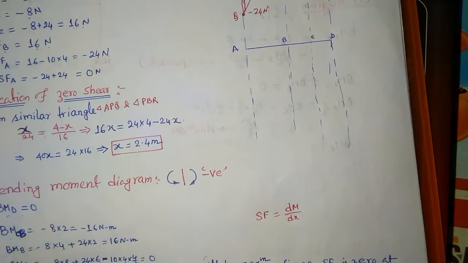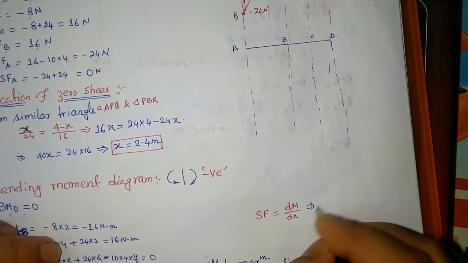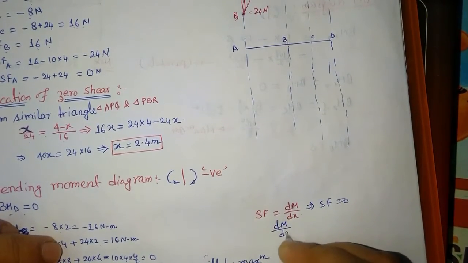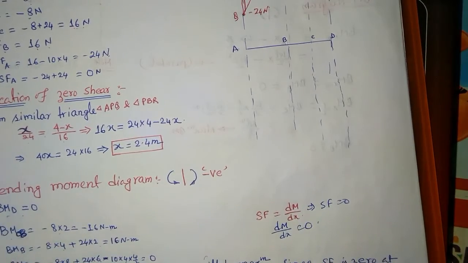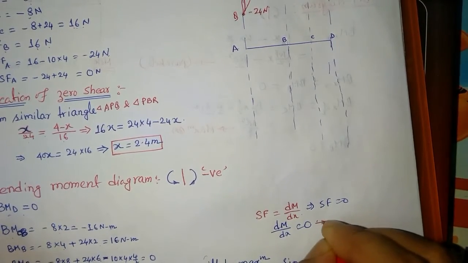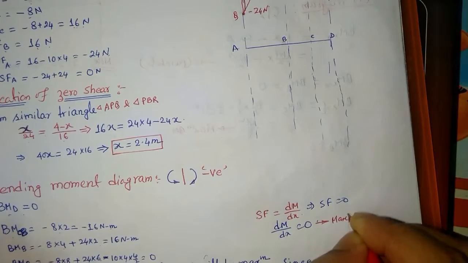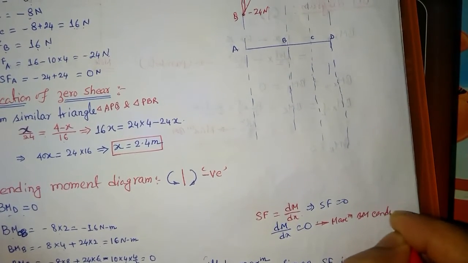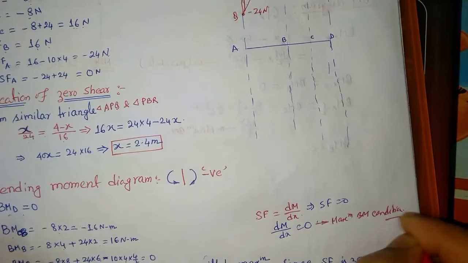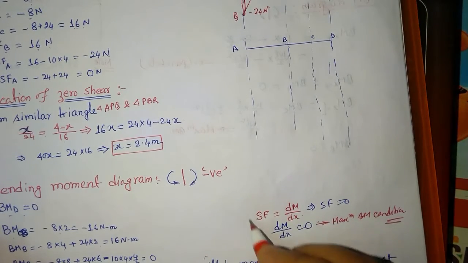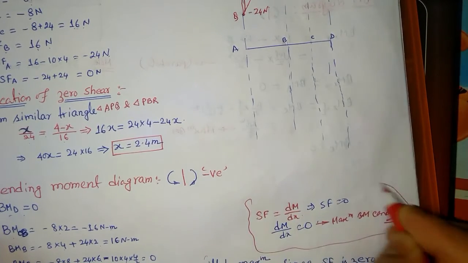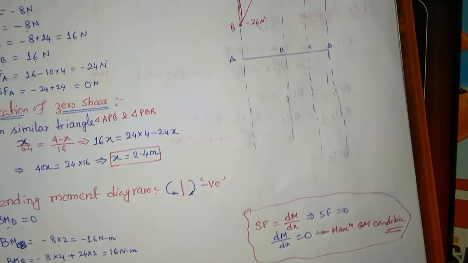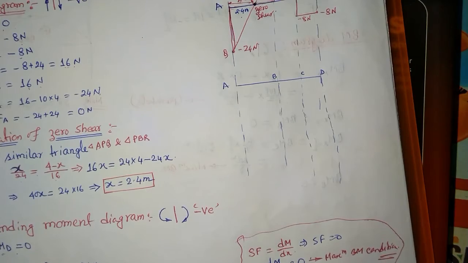Okay, so if our shear force is equal to 0, then we have dM/dx equal to 0, and this gives the maximum bending moment condition. Okay, so this comes from the relationship between bending moment and shear force, that we have seen in the last class. Okay, so this we got.